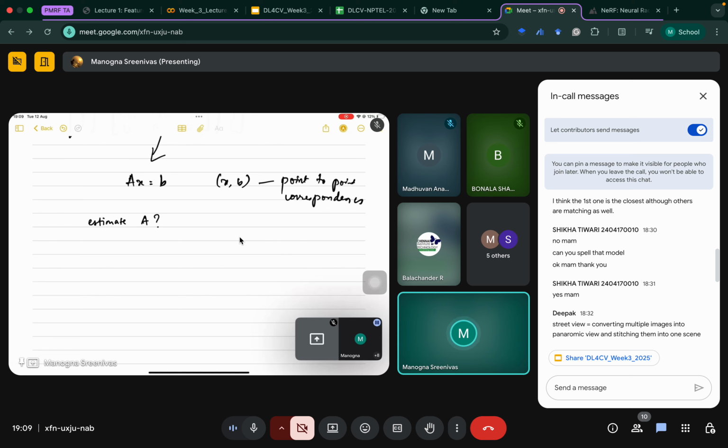So how do you solve this? How do you estimate this here, if you have these point to point correspondences?